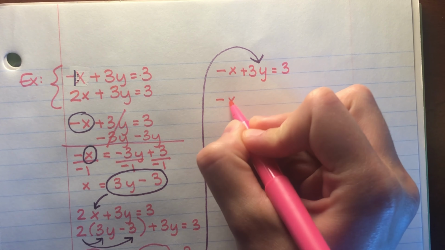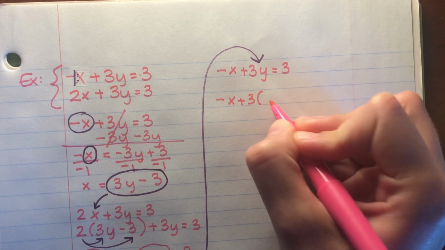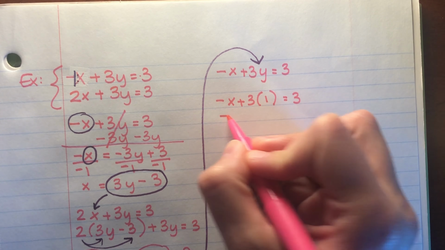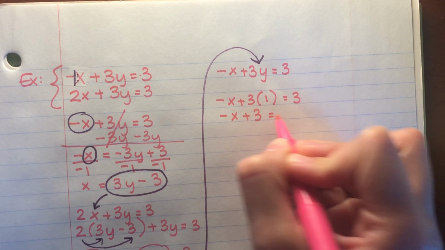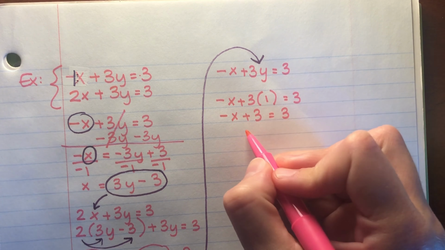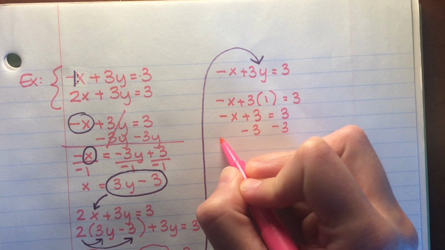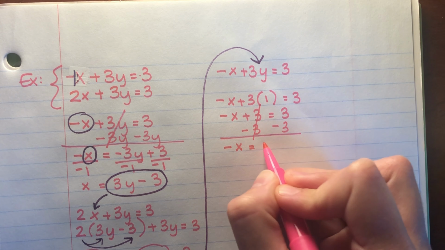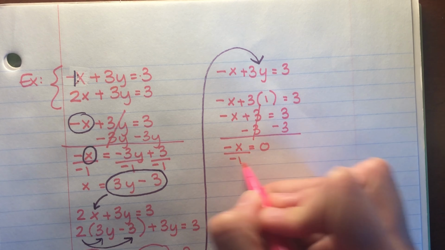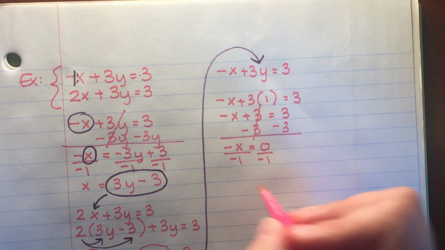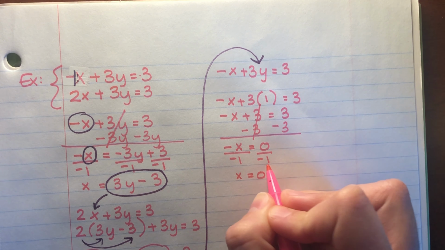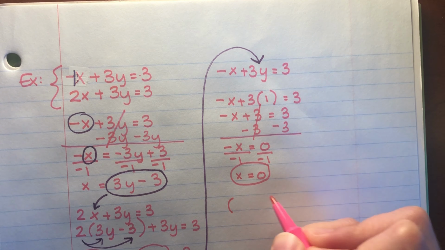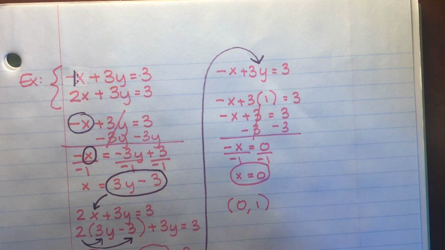So this is -x plus 3 times 1 equals 3. 3 times 1 is 3. And I want to isolate x. So I subtract 3 from both sides. My 3's cancel out. -x equals 0. And if I divide both sides by -1, I get that x equals 0. All right, so the solution to my system is 0, 1.